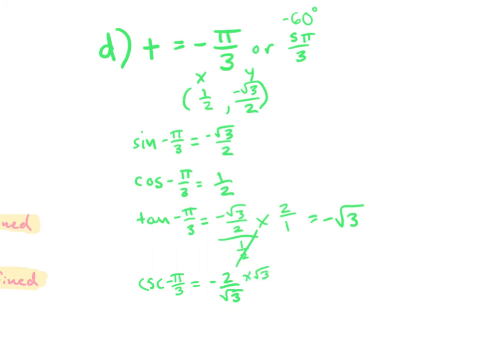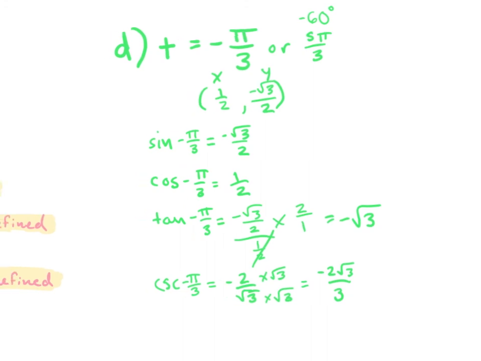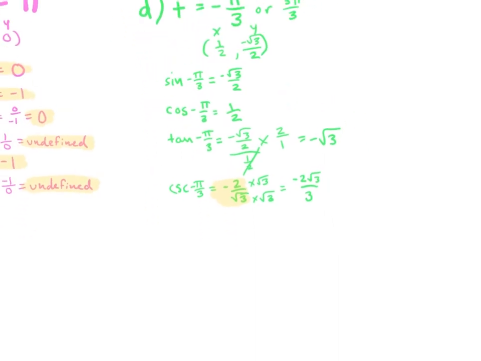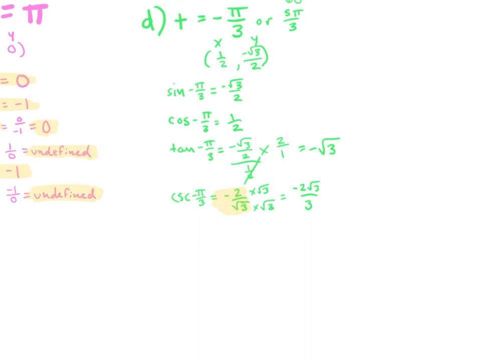Rationalize, so we get rid of the square root. This would be negative 2 square root 3 over 3. On WebAssign, you could just leave your answer with the square root on the bottom, but on the quiz, you have to rationalize.